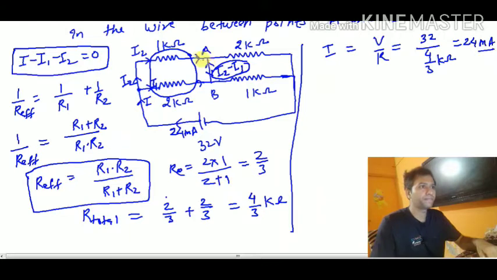Now if we look at this circuit, suppose I take the ratio of I1 and I2, so I1 by I2 will give you R2 by R1. Don't get confused, let me explain this.